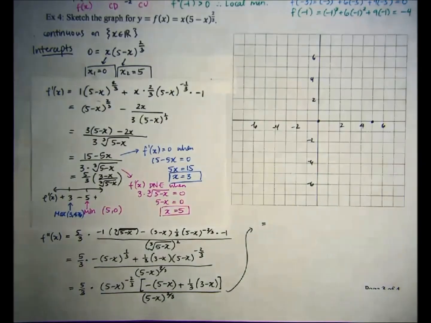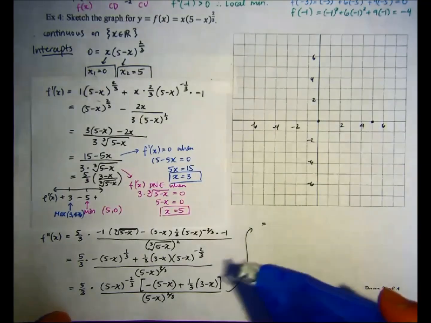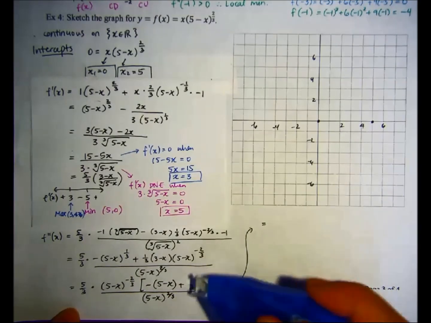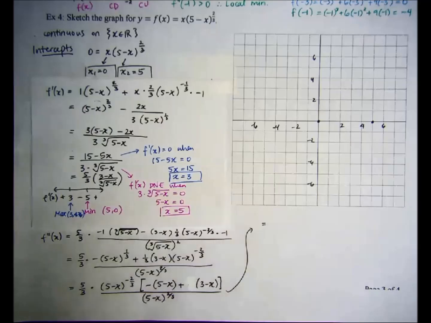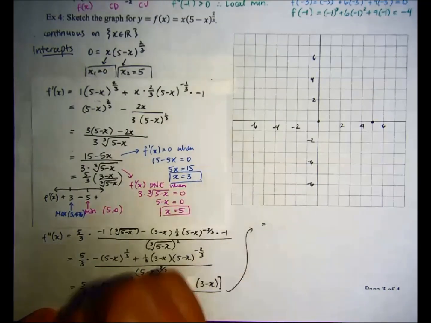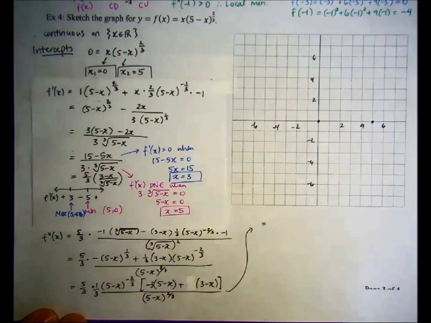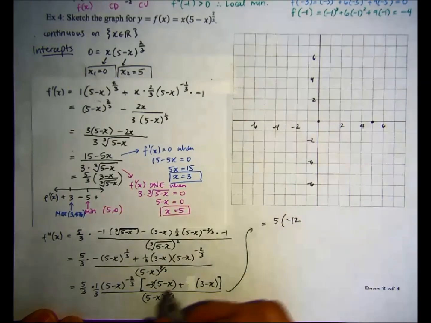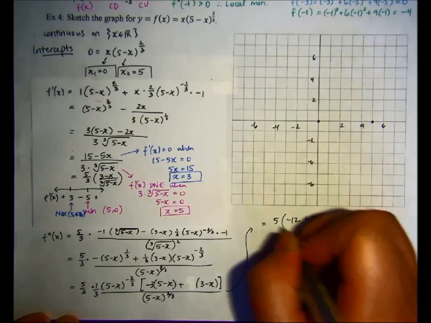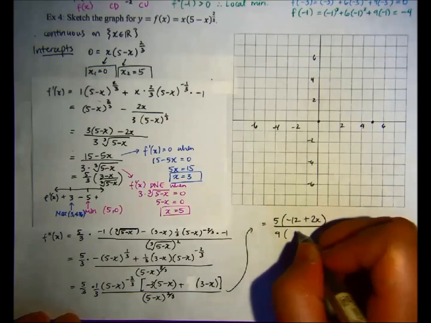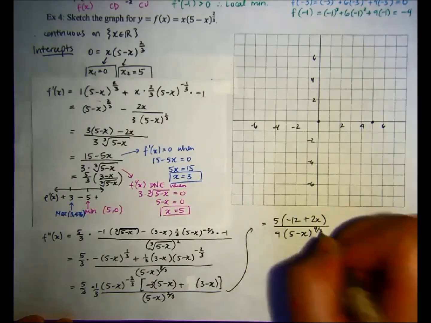Actually, an easier way to do this would be to, at this step as well, just factor out the 1/3 here. And then instead, you can have a 3 in front of this 5 minus x. And then that way we can combine these, and then we will have 5 times negative 15 plus 3, negative 12, and then 3x minus x over 9 times 5 minus x to the 4/3.